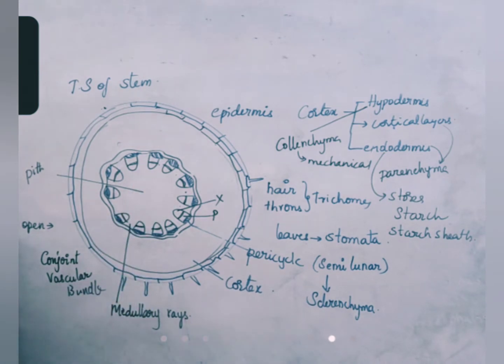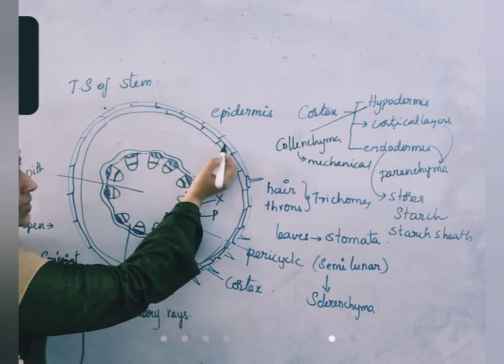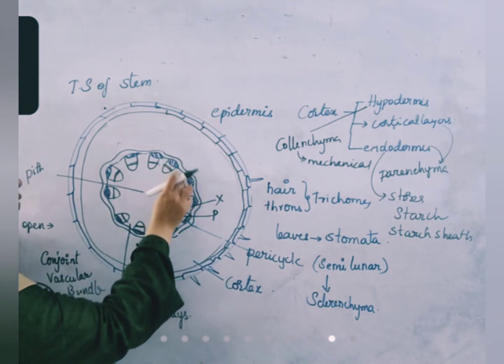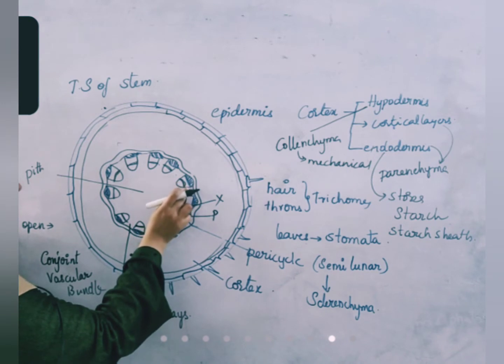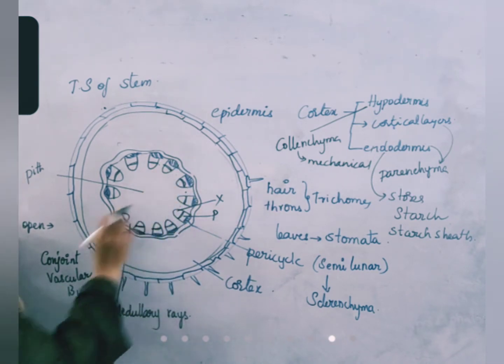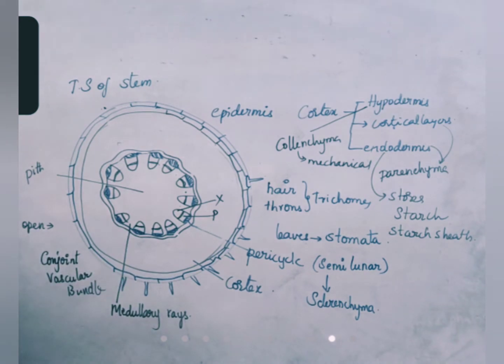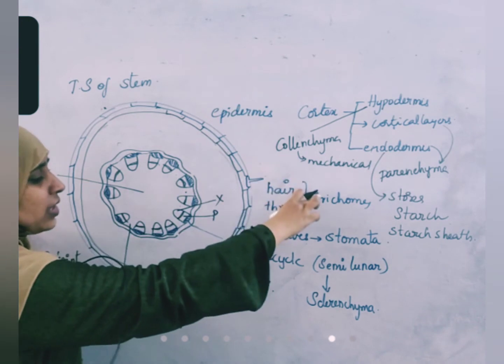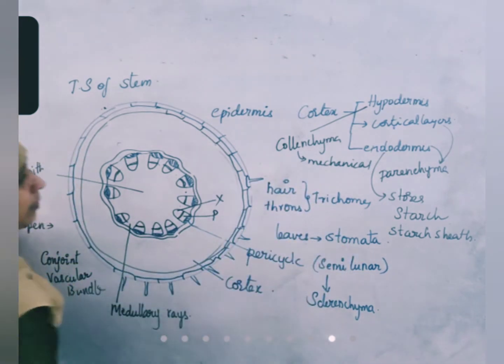Now understand how many layers are present: epidermis, hypodermis, cortex, endodermis, pericycle, vascular bundle, medullary rays, pith. The outermost epidermis is modified to form trichomes as well as stomata.